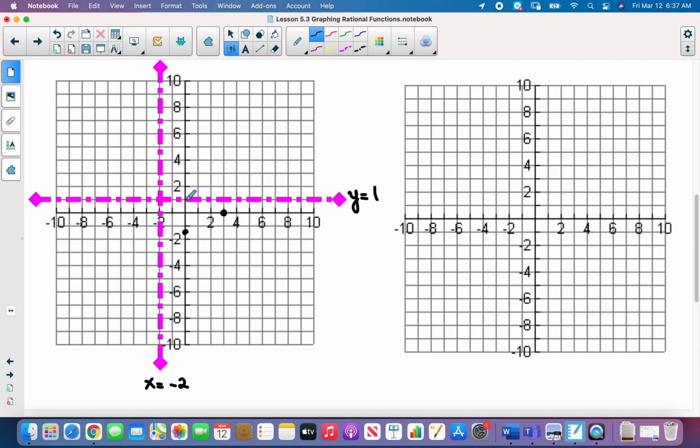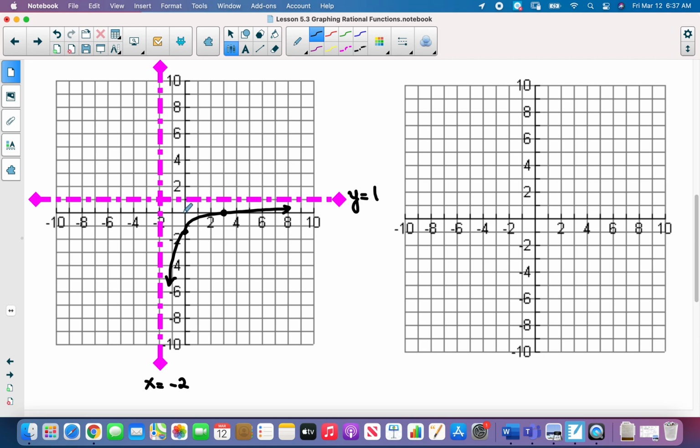And you can get some points on this side too. The function is going to be negative from -2 till 3, below the x-axis, and then after that it goes above the x-axis.